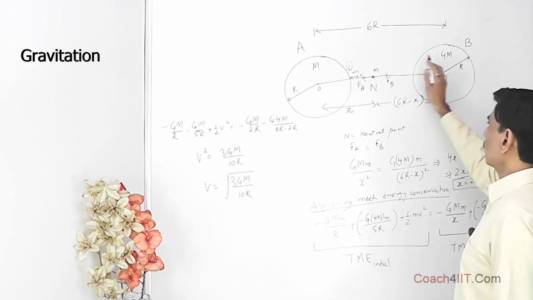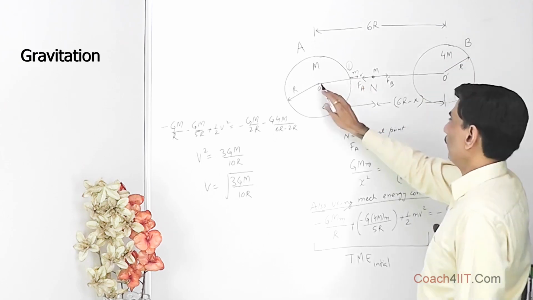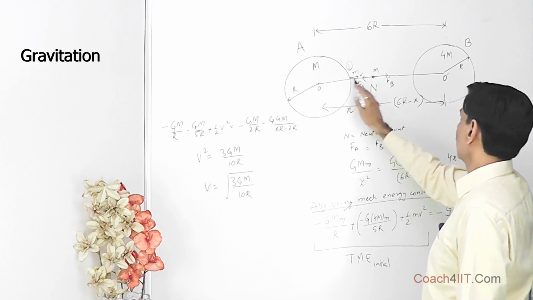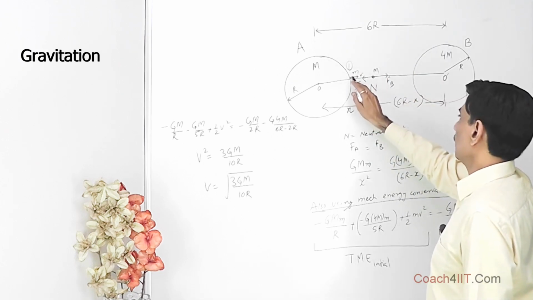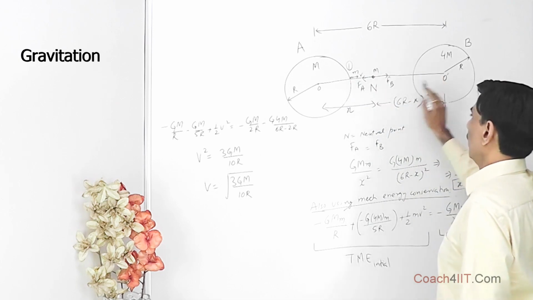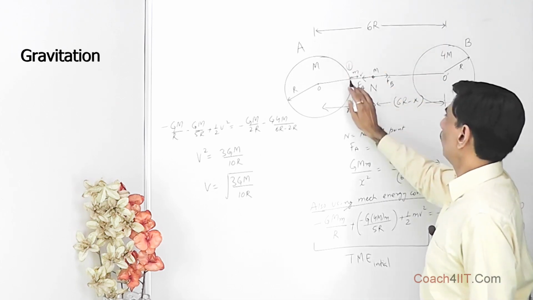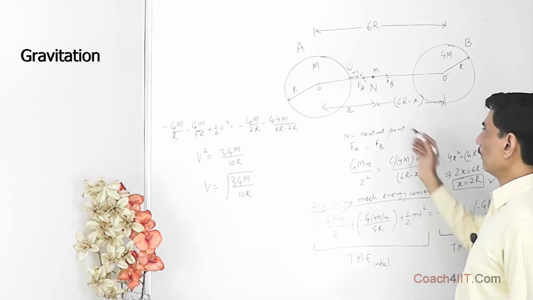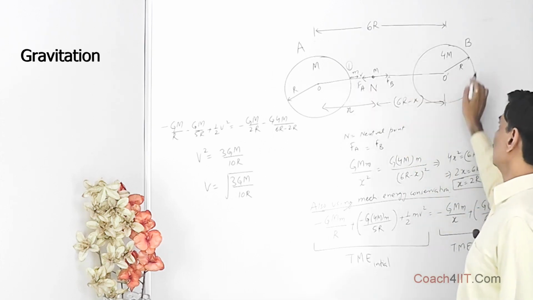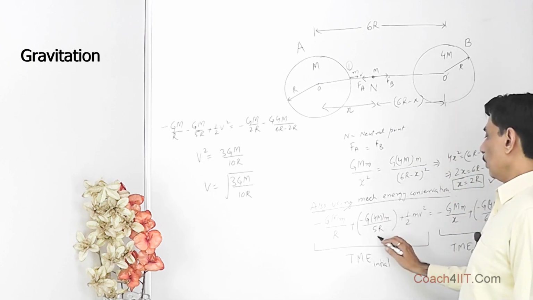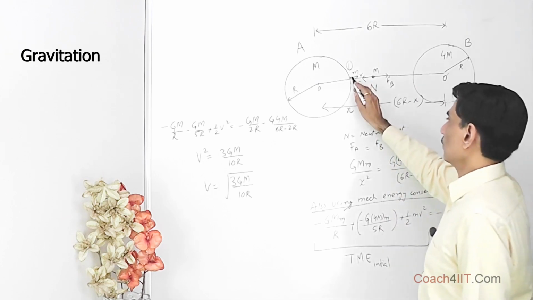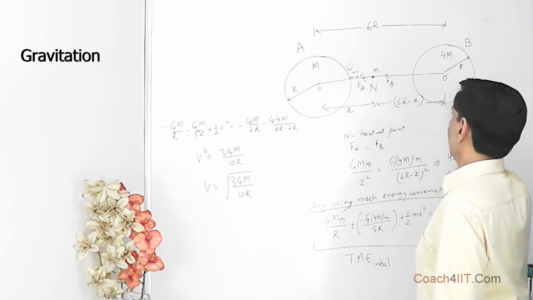The distance from here to here is r, total is 6r, so at position number 1 the distance between this mass m and the center of the other sphere is 6r minus r, that is 5r. So the gravitational potential energy of interaction between this mass and the other sphere is minus G into 4m into m upon 5r.